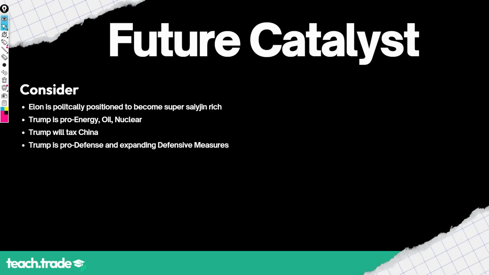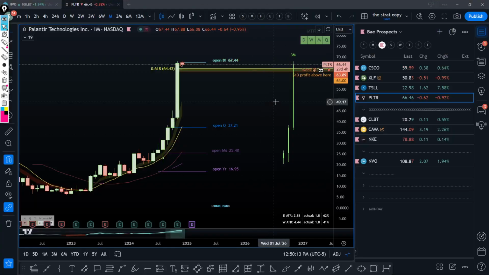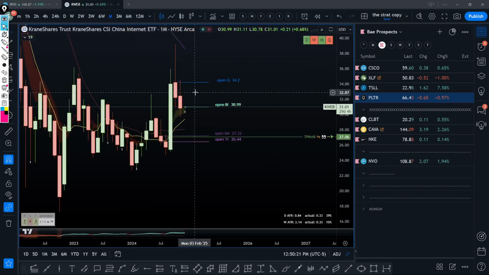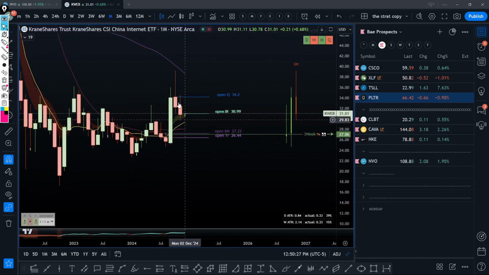until they get on track and get on his favorites list. If we could take a quick look at the China All Stars, like KWEB, this is the China ETF. And as you can see, for the last month we have a swing high here, and for the past 2 months China has been in a decline.